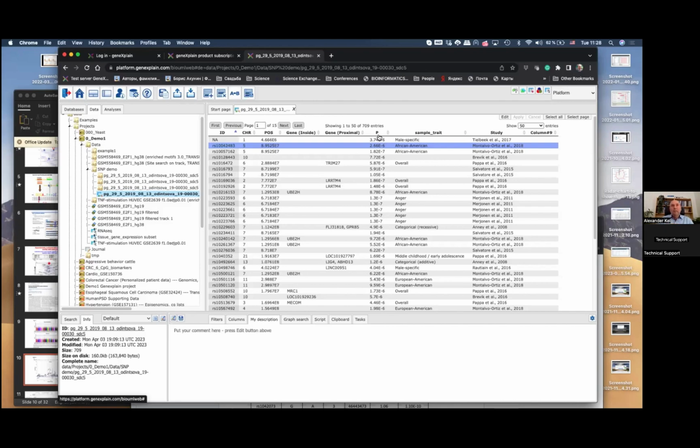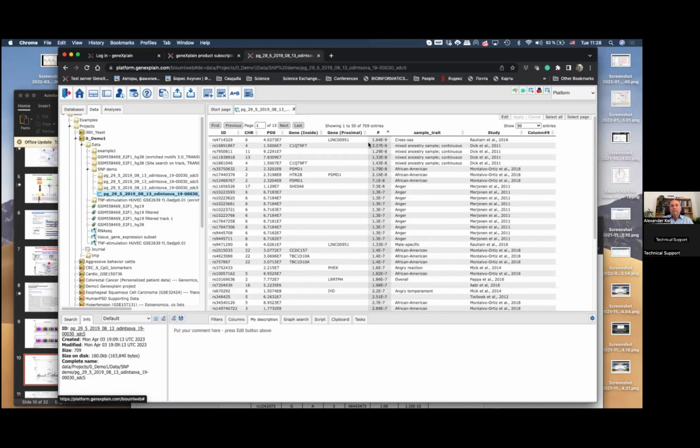And then important is this P value, which is the P value of that GWAS association. And this list is, in fact, already a combined list of several studies, not just the one which I showed, which is social behavior. This list is a more combined one, which is related to anger, to aggression behavior, this kind of thing.